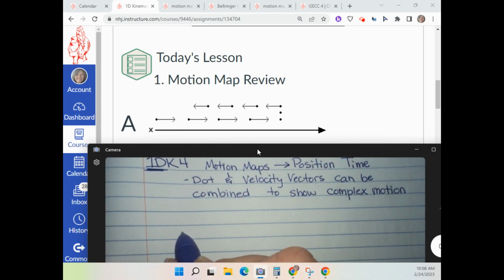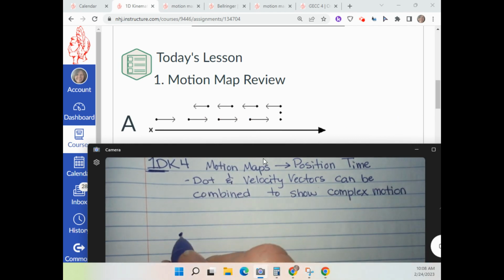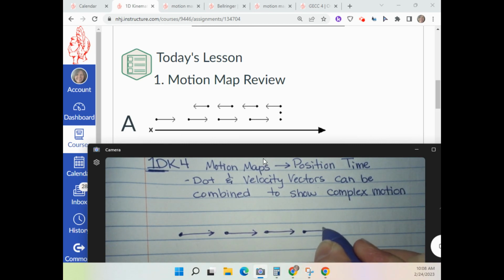And so when I look at this A, I see I have a velocity vector diagram, and if I look at my arrows, I have 1, 2, 3, 4 arrows. And those arrows are sort of long. So let's go ahead and put those in our notebook. 1, 2, 3, 4 arrows.